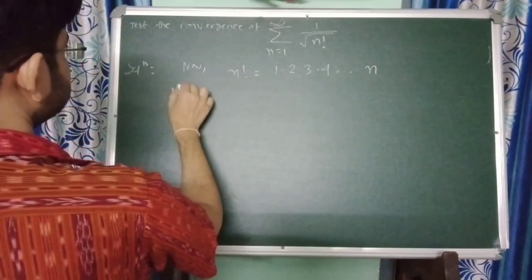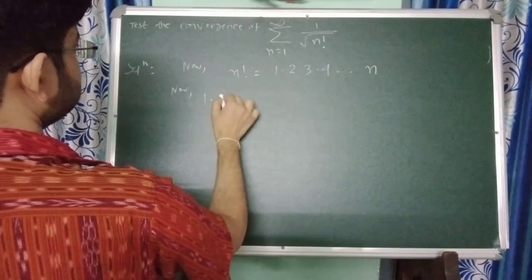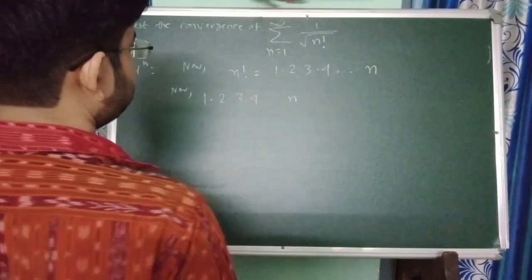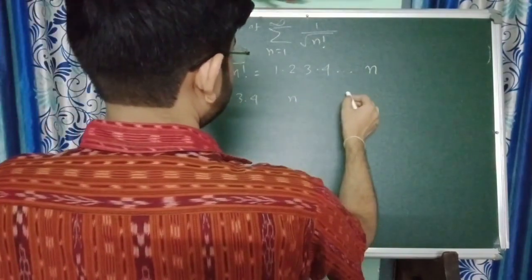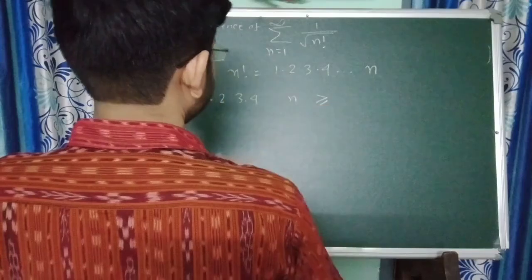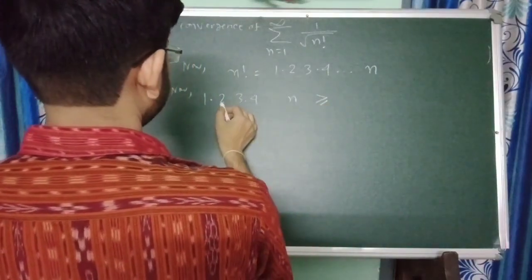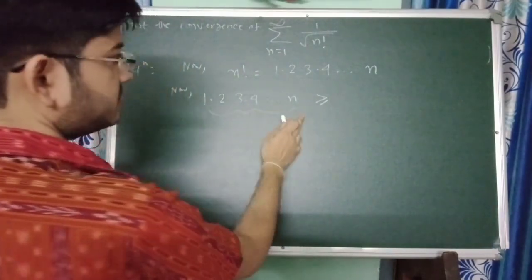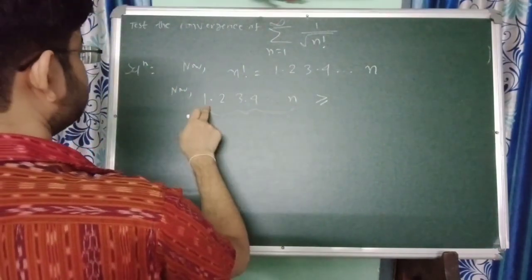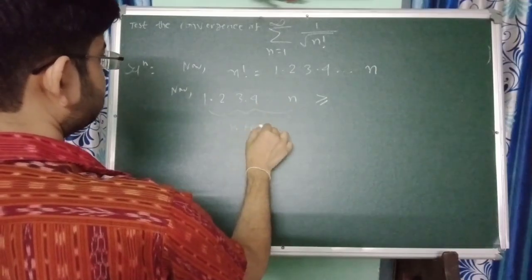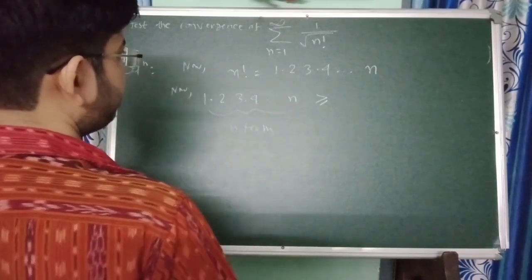Now 1, 2, 3, 4 and so on up to n, where the total number of terms is n.